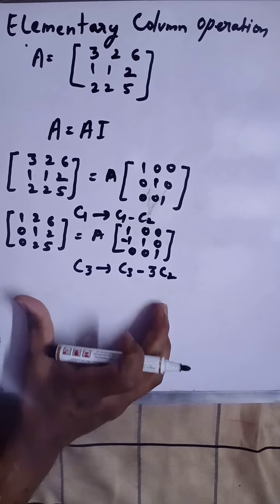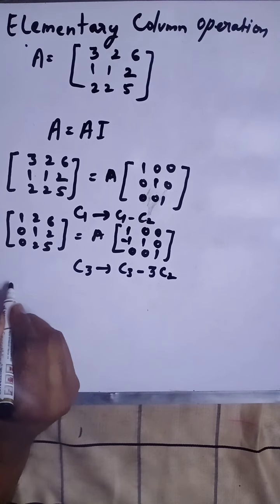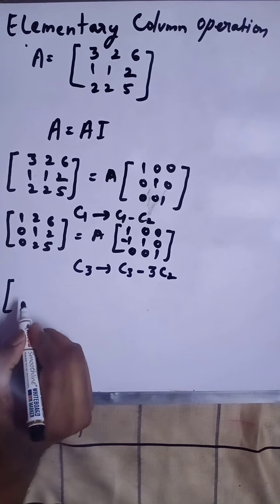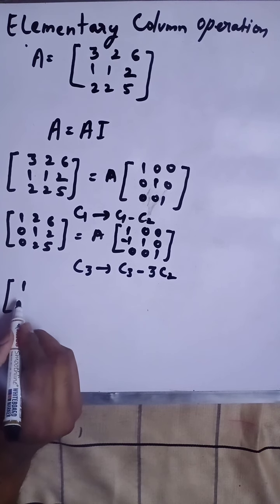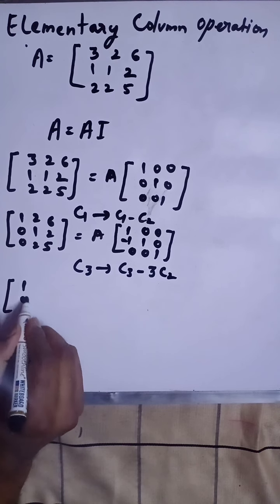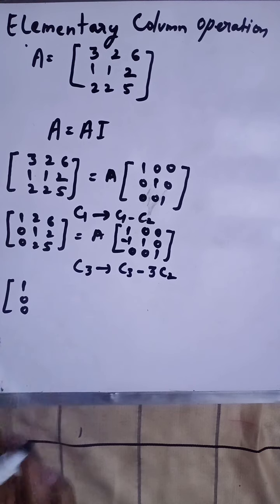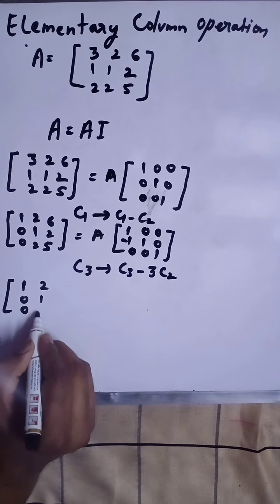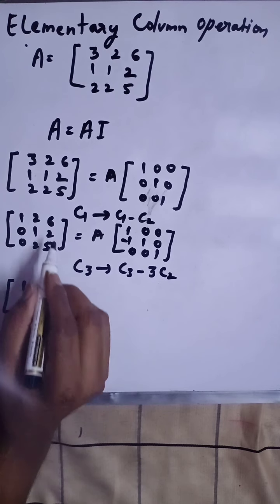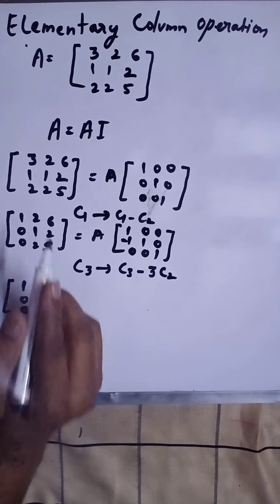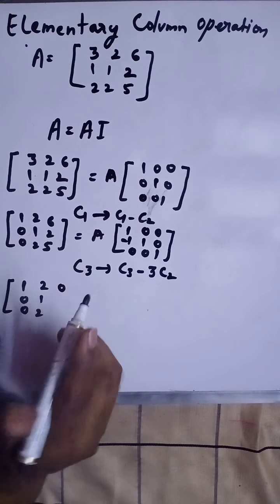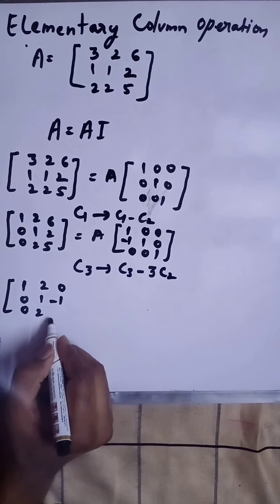After the application of this, you will get 1 0 0. The first column will remain the same, the second will also remain the same. In the third, you multiply this by 3 and then subtract, that would be 0. Multiplying this by 3 and subtracting, you will get minus 1. Similarly here, you will also get minus 1.